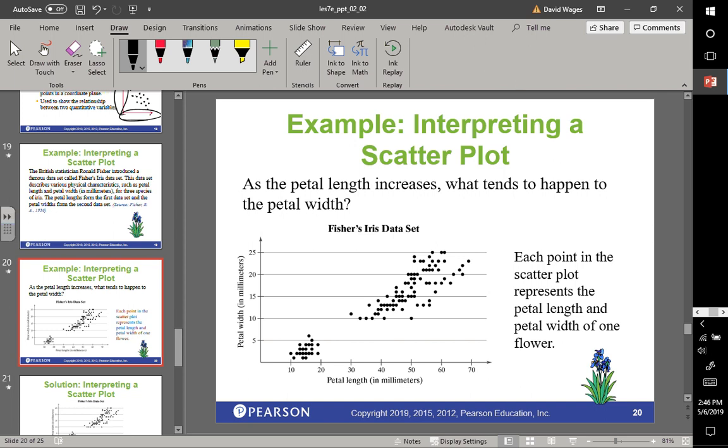Here's some data from a famous study that compares the petal length to the petal width for irises. If you make an ordered pair, each ordered pair is going to represent one piece of data. But that piece of data has two components.